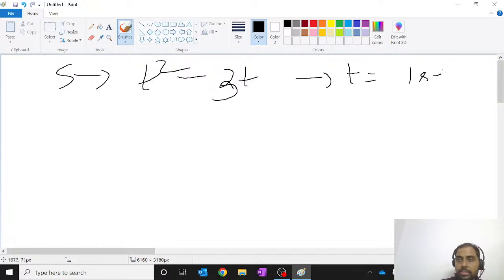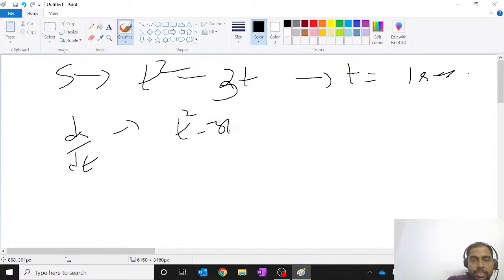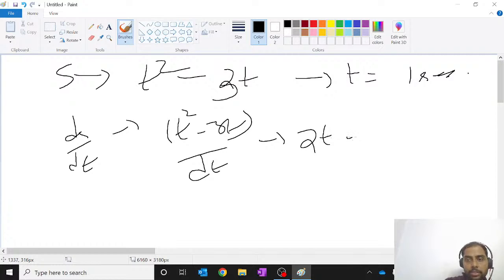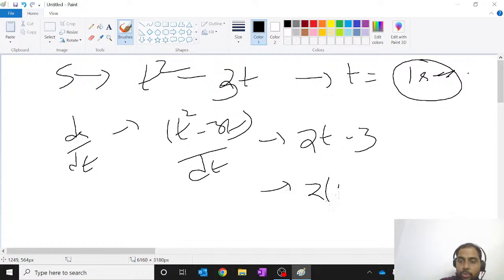It is nothing but ds by dt, the differential of t square minus 3t, which is 2t minus 3. If I am talking about 1 second, 2 into 1 minus 3, which is minus 1 meter per second.